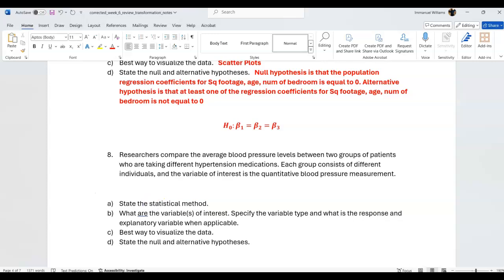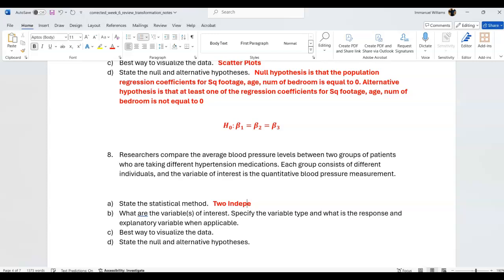Researchers compare blood pressure levels across 2 groups of patients who are taking different hypertension medications. Each group consists of different individuals, and the variable of interest is quantitative. So this is 2 independent population means. We don't know if it's Welch's or pooled, but it's 2 independent population means because it's 2 groups of patients.